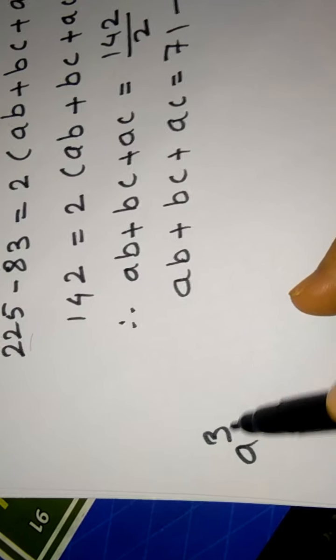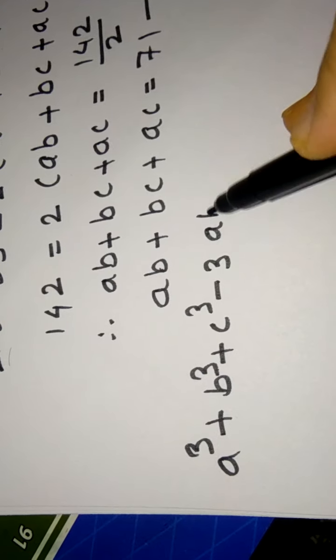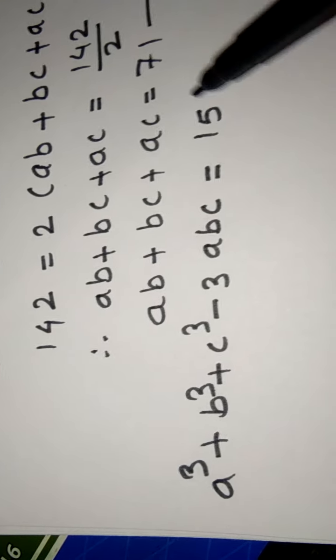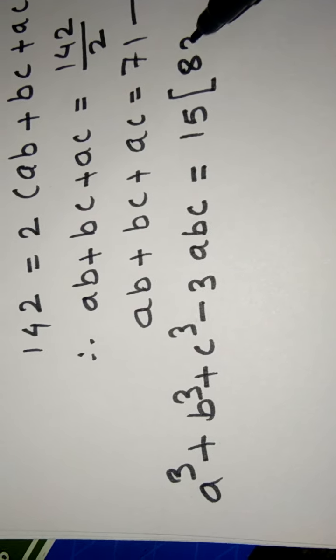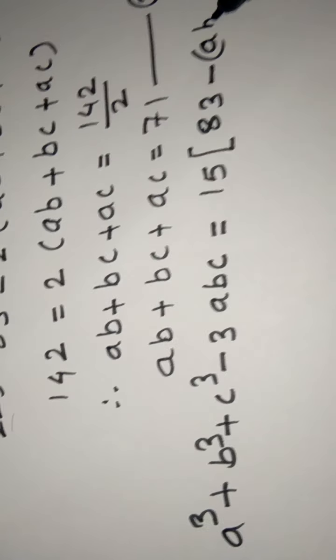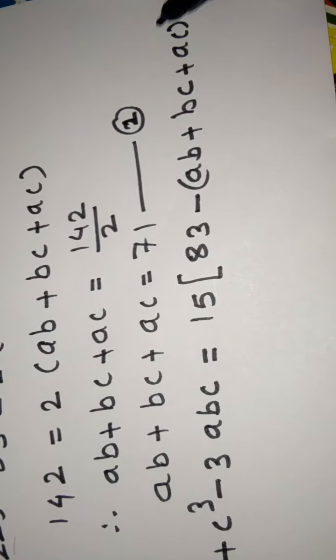Our target is a cube plus b cube plus c cube minus 3abc, which is equal to 15 in bracket 83 minus ab plus bc plus ac.